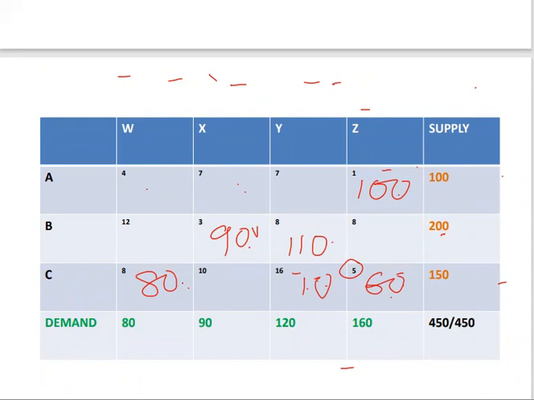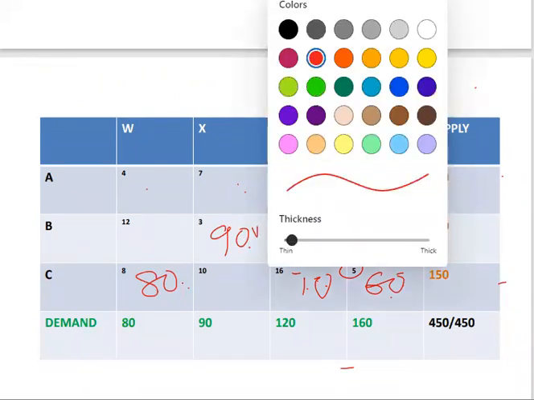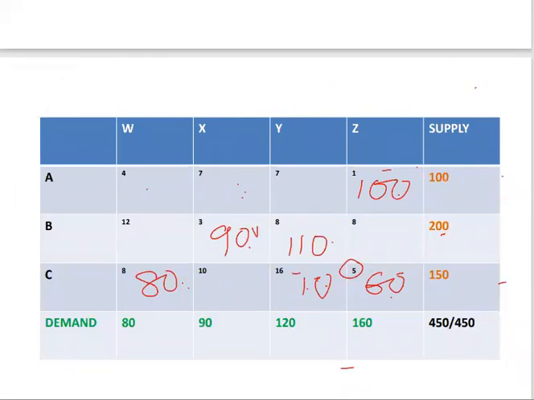Please, how do we move for AY? AY to BY. Okay, please hold on. Where is AY? AY to BY, to CY, to CZ.